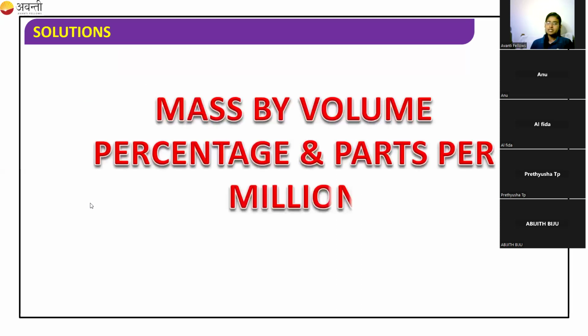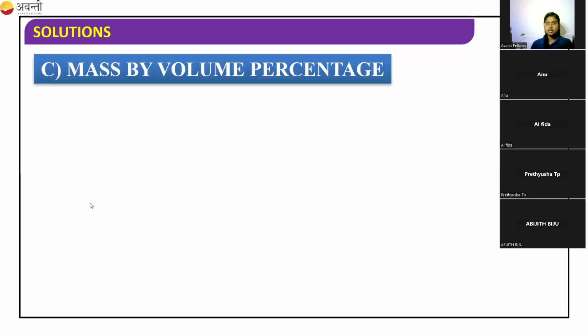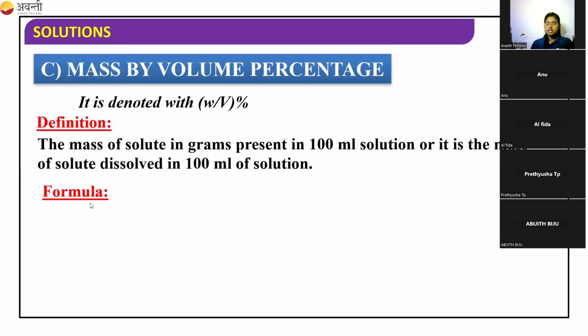Now, the next are mass by volume percentage and parts per million. We have seen two concentration terms. Now we are moving into the third and fourth terms. The third term is mass by volume percentage, denoted by W/V. It is the mass of solute in grams present in 100 ml of solution, or the mass of solute dissolved in 100 ml of the solution.